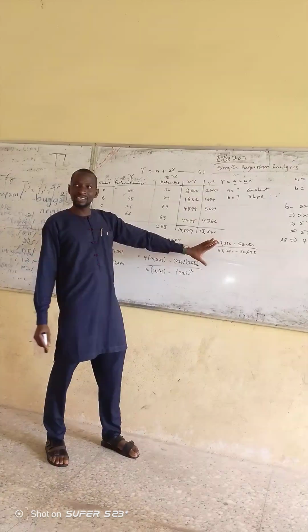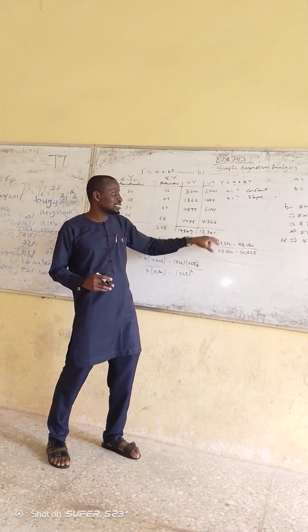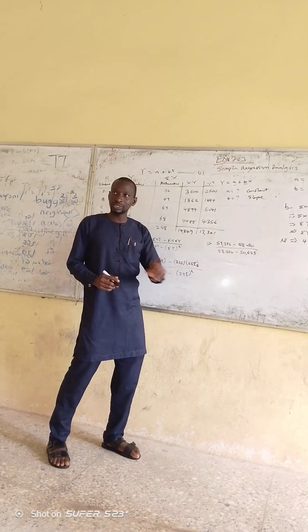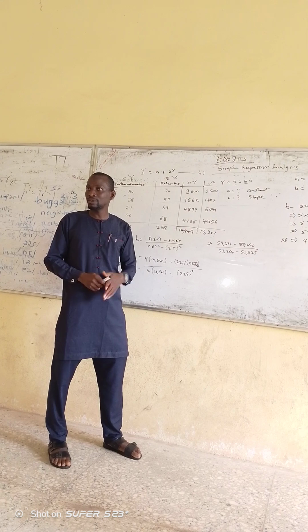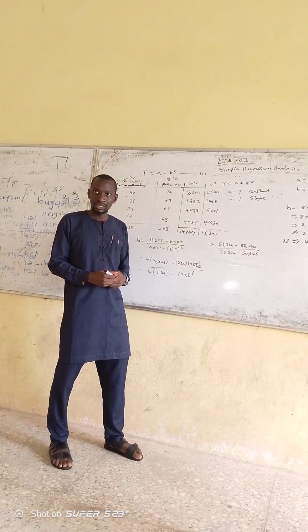Merely looking at what we have here, you will know that you are right, because by the time you subtract in the numerator, you get a single value, and you subtract in the denominator, you get a single value. From there, you get the coefficient, and that coefficient is the slope or the gradient.